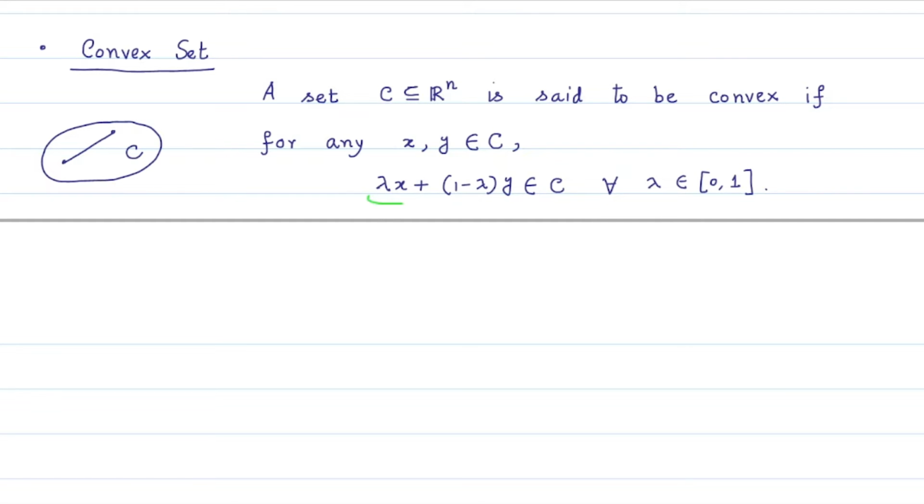You know, this expression lambda x plus 1 minus lambda times y is called a convex combination of the points x and y.